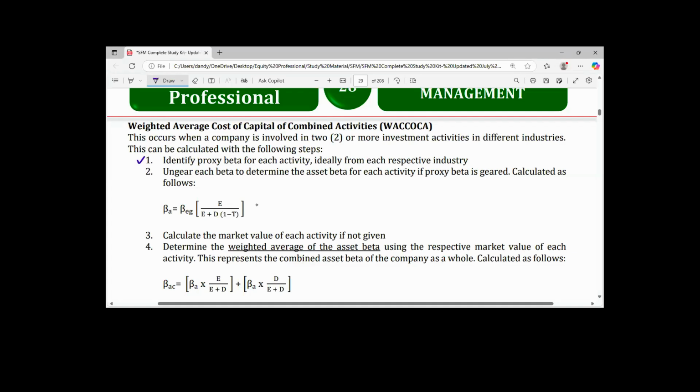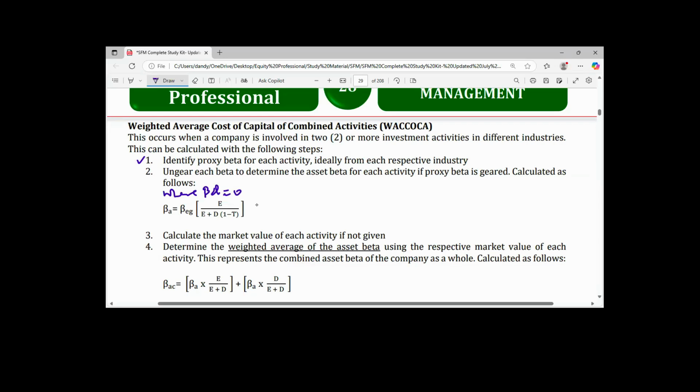The second step says you should ungear the beta. The same way you ungear the beta under project specific is the same way you are going to do here, depending on whether you are given a debt beta or the debt beta is risk-free. Where the debt beta is risk-free, where debt beta is equal to 0, this is the formula you use to ungear.